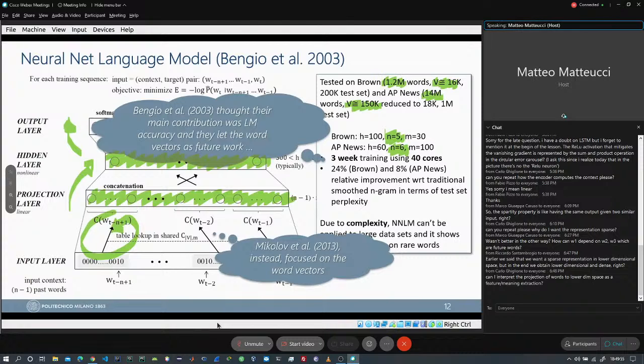So Mikolov and others said, we need to reduce this model in order to fit it with bigger corpora. Watch out here, the training, 20 years ago, took 3 weeks to learn this model.